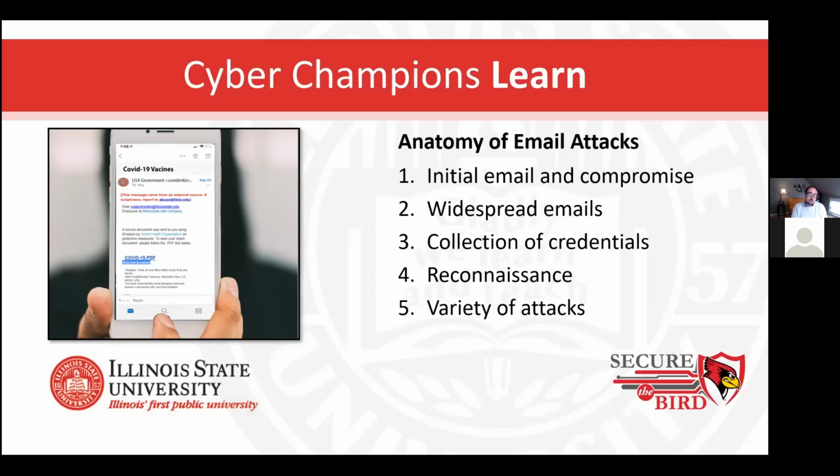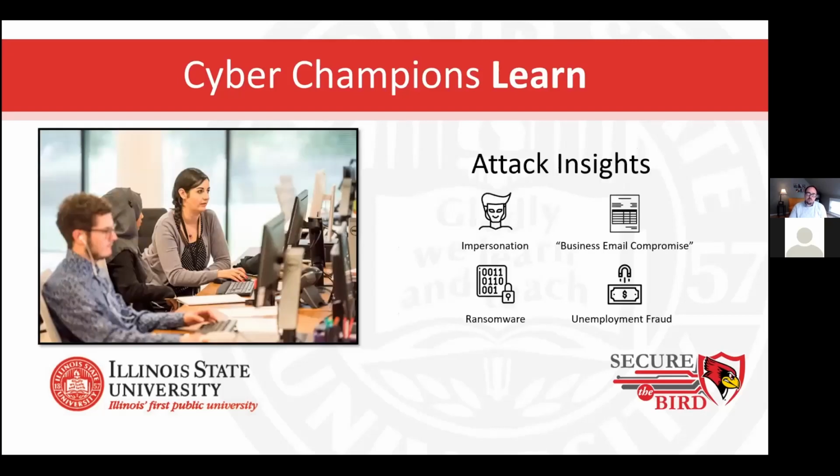Then they start doing reconnaissance, and this is where they're seeing who did they capture, who did they compromise, and how could they use it to further attack the institution or attack individuals. And then a variety of attacks, some of which I'll touch on and cover.